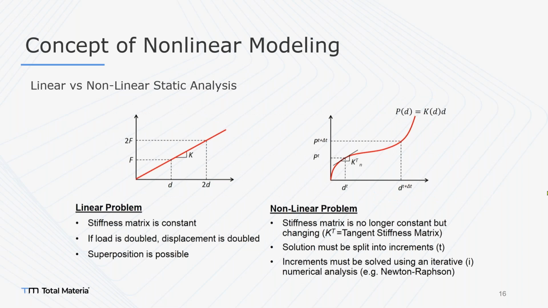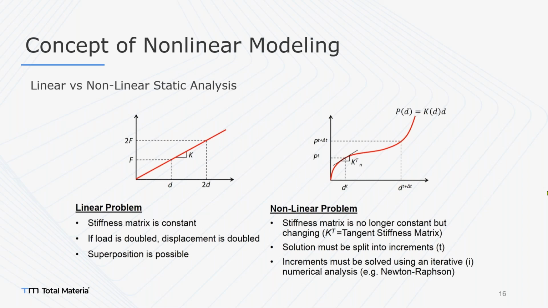So in order to solve nonlinear models, we need a different type of approach. In the implicit finite element method, if you have a nonlinear material model, you don't have a constant tangent stiffness, right? So how could we do it?